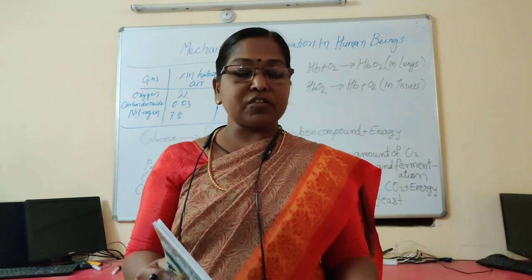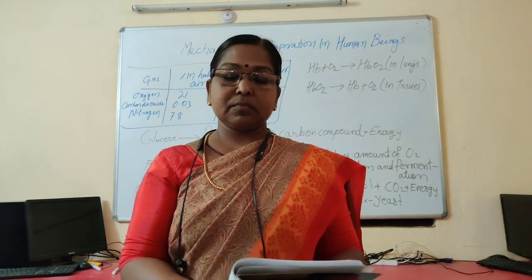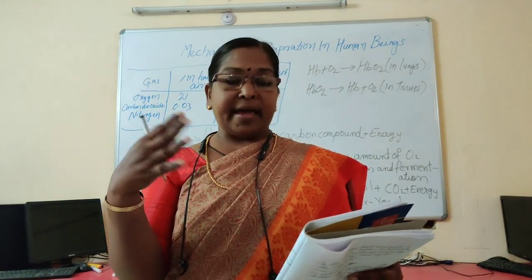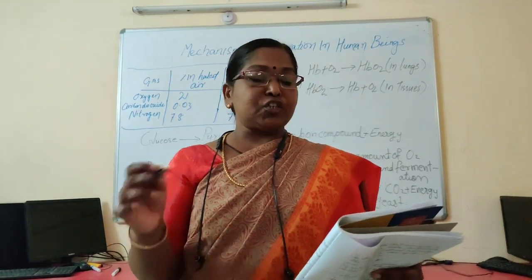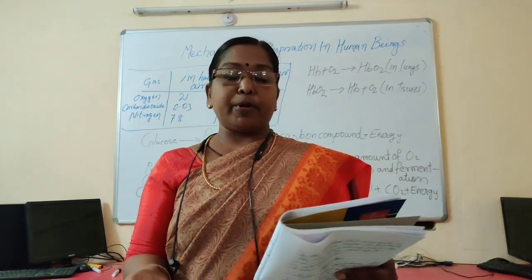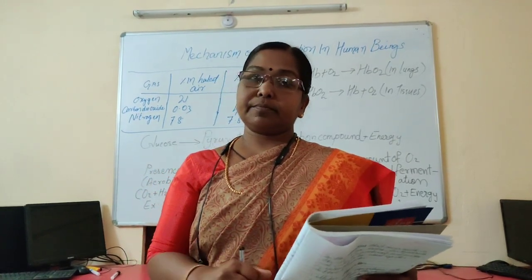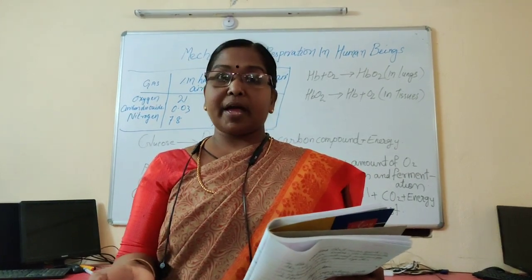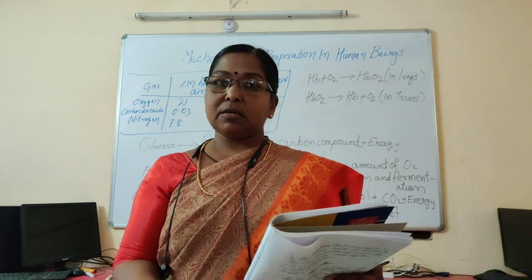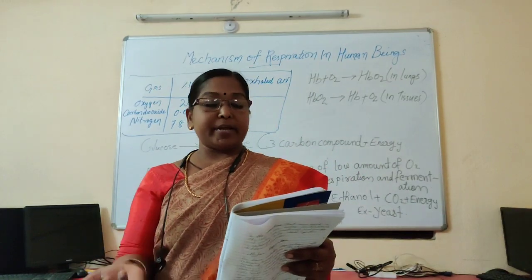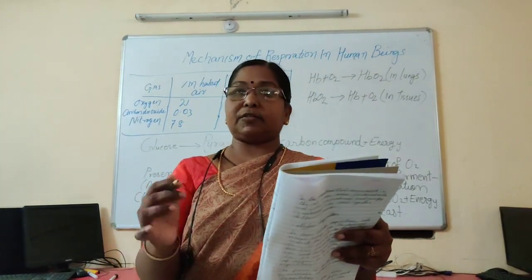When we inhale, oxygen enters the lungs, and gas exchange takes place. Then oxygen diffuses into the blood and rapidly combines with the hemoglobin to form oxyhemoglobin. The oxygen combined with the hemoglobin, and now this hemoglobin is called oxyhemoglobin. Not only can hemoglobin combine with oxygen, sometimes it will reverse.